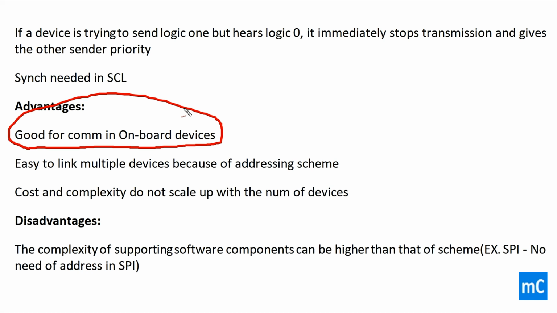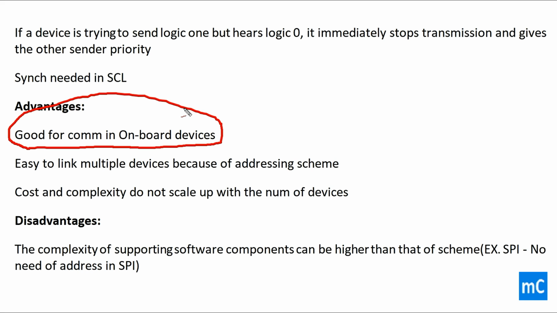In those conditions, this kind of I2C communication is more important and easy to implement. Easy to link multiple devices because of the addressing scheme. Cost and complexity do not scale up with the number of devices.